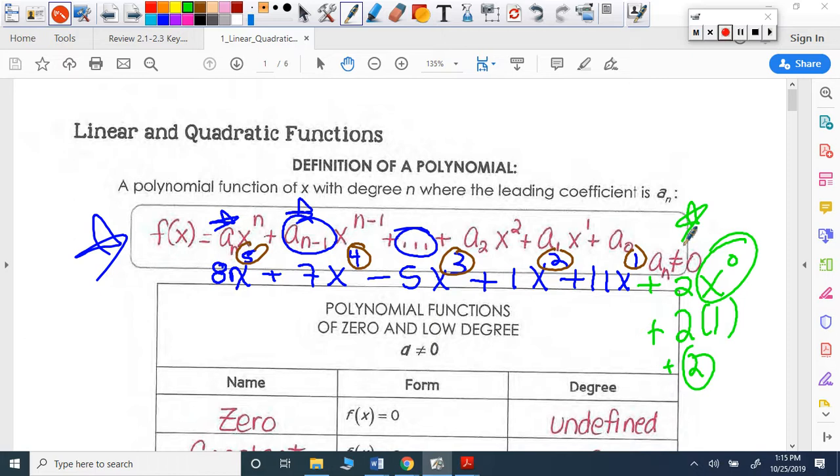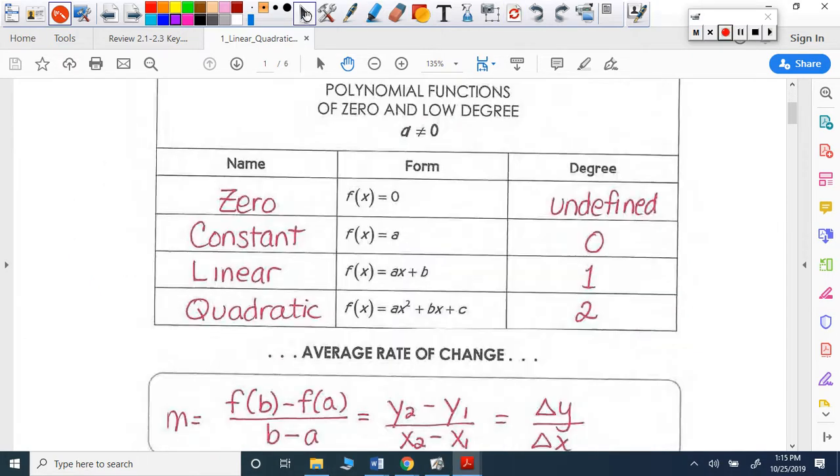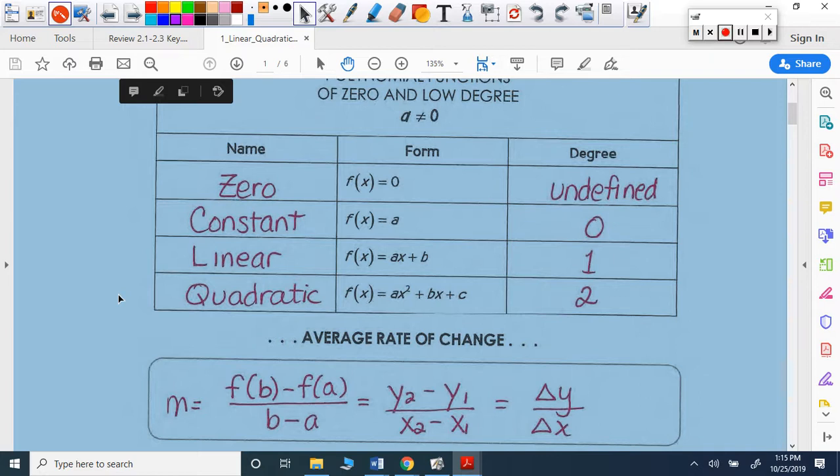So, anyway, in your notes, anytime you have f of x, which is your y, equal to 0, the degree is undefined. It is nothing. If you have a constant, now we just talked about that it is a 0 degree because it had x to the 0, which is 1. So that is a trick question.